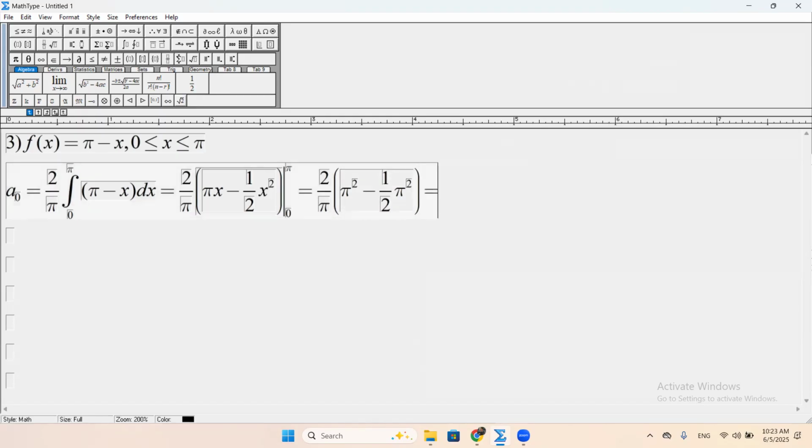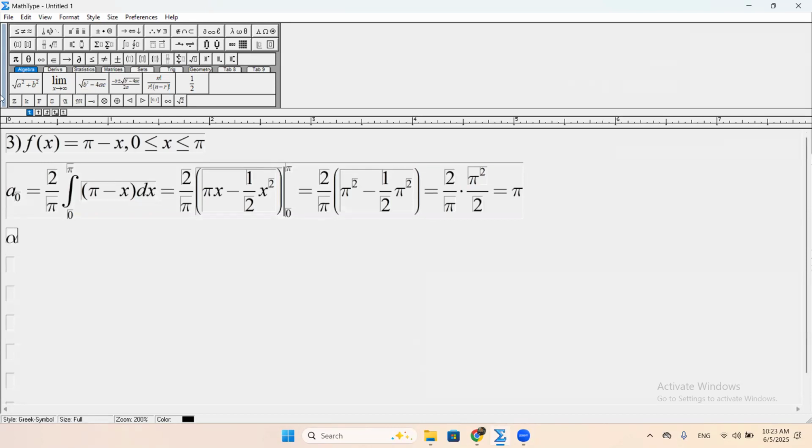So what I receive, 2 over p by p square over 2. So it equals p.